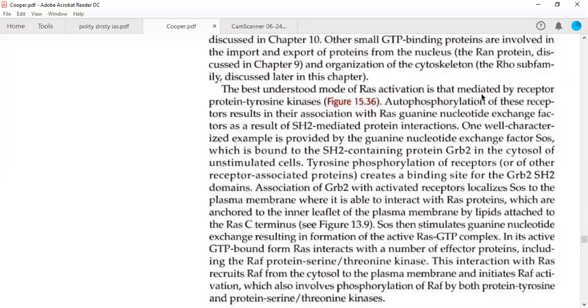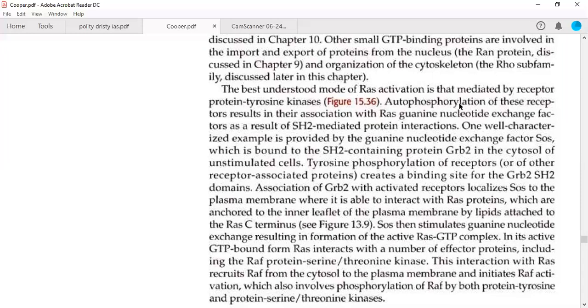Actually, research is a result of people's interest, and most important is funding. If scientists get funding in this domain, they will achieve a better understanding. So these protein tyrosine kinases are more understood.